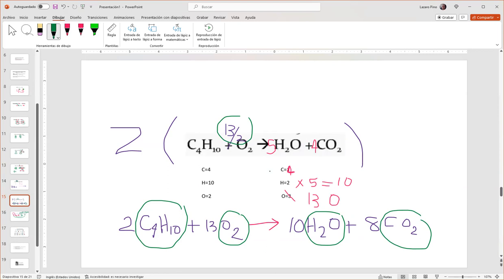This happens almost always when you are in front of a combustion reaction. Remember that we are in front of a combustion reaction when you combine oxygen with an organic compound, producing water and carbon dioxide.